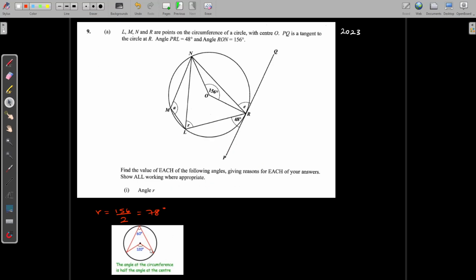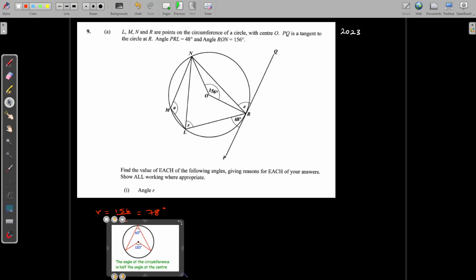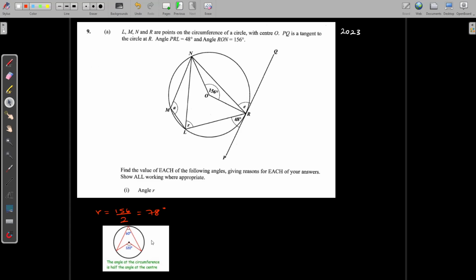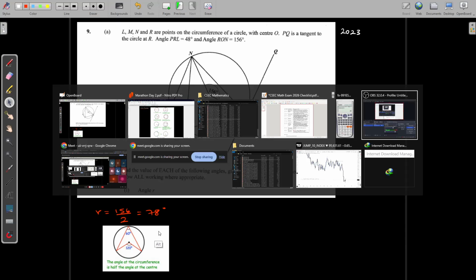Remember, the wording doesn't have to be exactly how the textbook has it. As long as they know that this is the one you're referring to, it should be fine. So that's angle R.